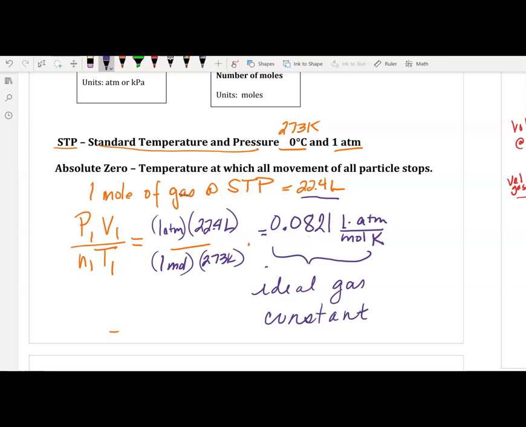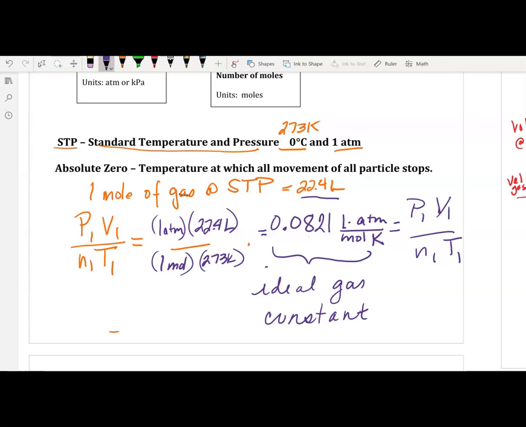So now we can say that 0.0821 is equal to a gas that has pressure 1, volume 1 divided by the number of moles and temperature. Okay? So you got to put that into the equation. Nobody wants to have an equation that has a number in it and letters.